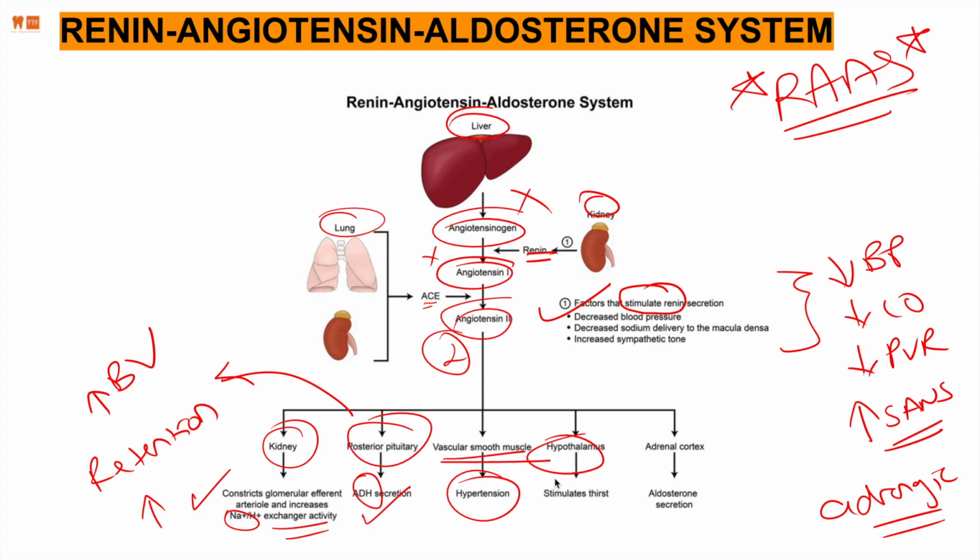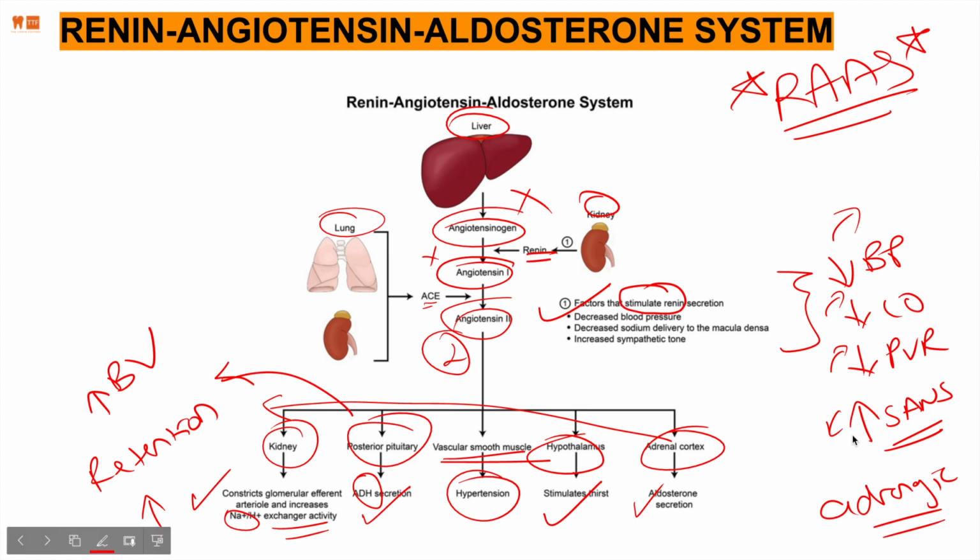Hypothalamus is also stimulated, and therefore it stimulates thirst because it holds water. Adrenal cortex. Adrenal cortex is affected directly on the kidney, leading to aldosterone secretion. Again, it has to do with blood volume increase, causing a flip of all of these. Okay? Perfect. That is RAS.